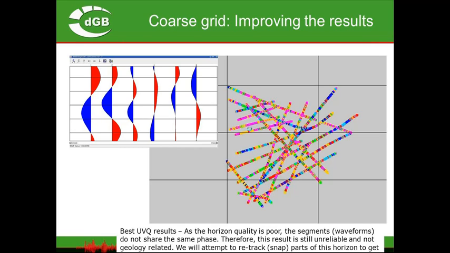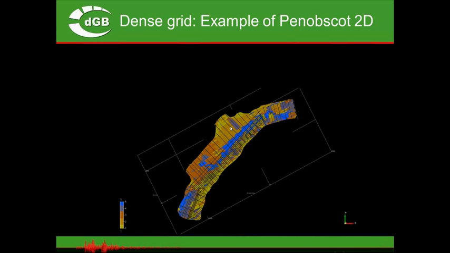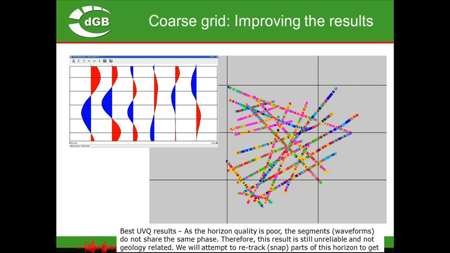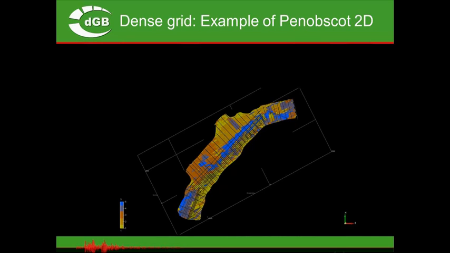And the dense grid, the first example, it was just coarse, so we had some problem here, for instance. But with the dense grid being dense, you have the possibility to map your horizon very well, on which you want the clustering to be done.